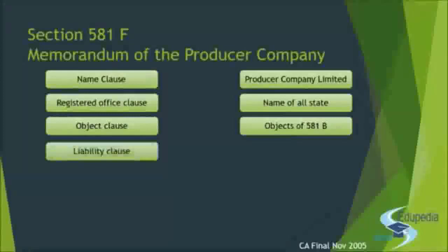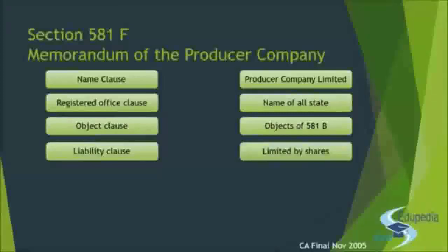We have already seen in detail, when discussing the difference between the producer company and a private limited company, that the liability of the members in a producer company is limited by the memorandum. So it has limited liability ownership.